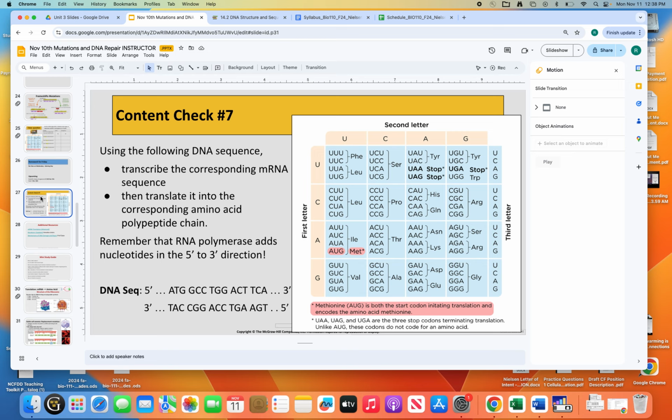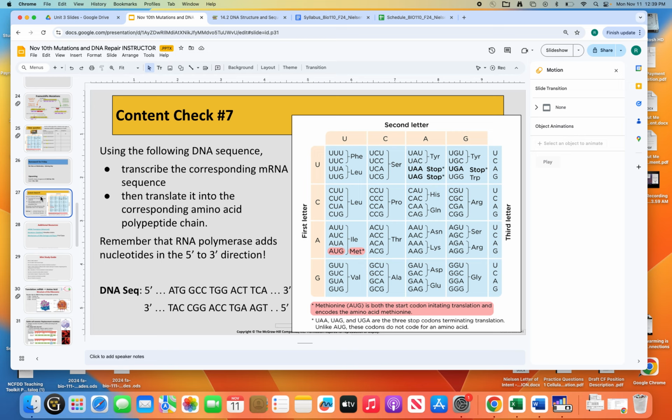I want us to take a sequence of DNA and transcribe it and translate it. Now I'm going to start you off together. All right. So if we look at our DNA sequence, we're going to use one of those strands to build our mRNA. Which strand is going to be read?